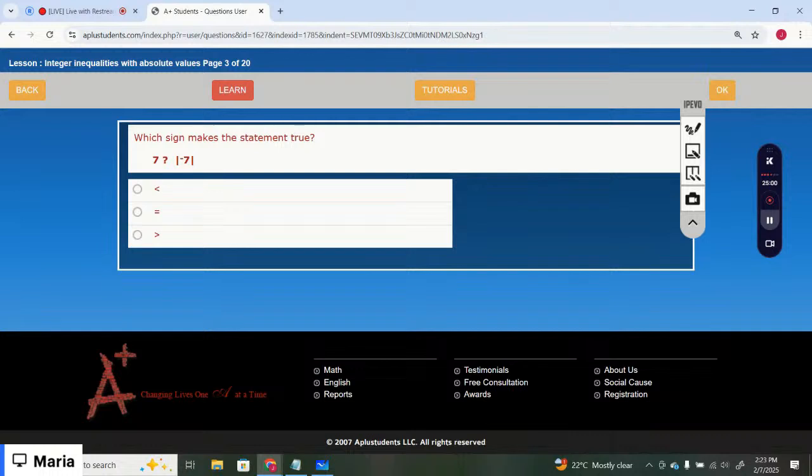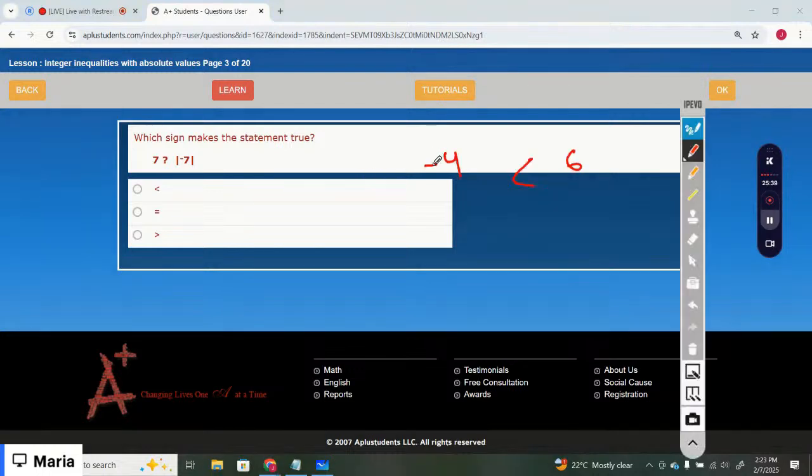Which sign makes the statement true? 7 and the absolute value of negative 7.